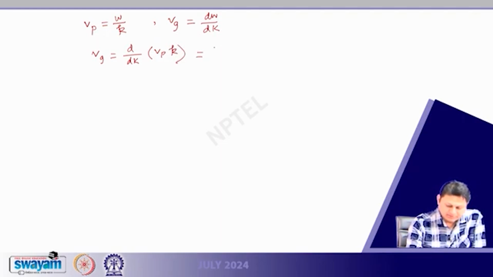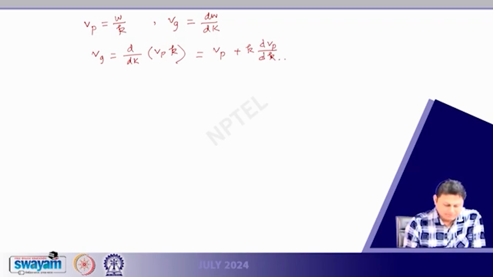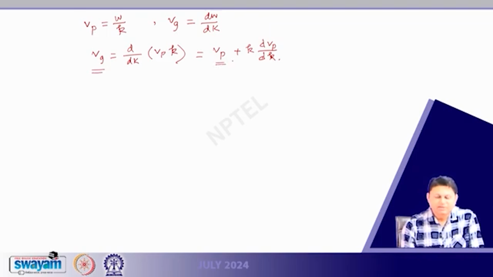This essentially gives us Vp plus k into dVp by dk. So, this is the relation between the group velocity and the phase velocity: group velocity is equal to phase velocity plus k multiplied by the derivative of the phase velocity with respect to k.